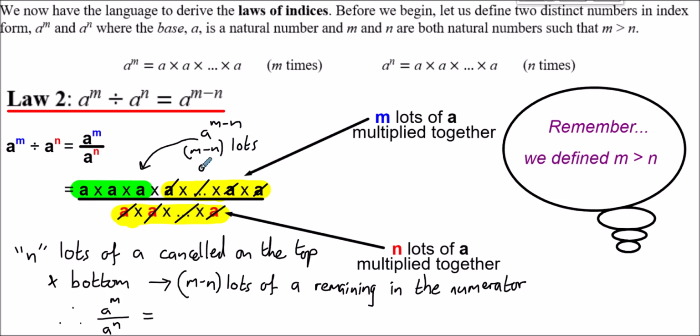So we pretty much proved it. That's how many a's are going to be left. M minus n lots of a.